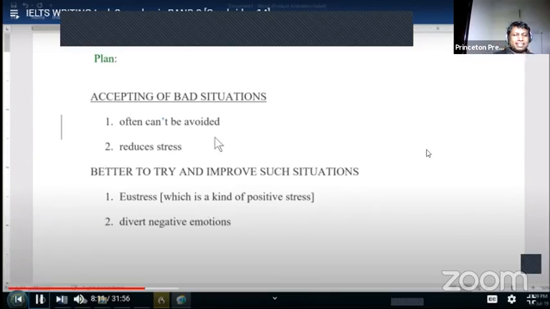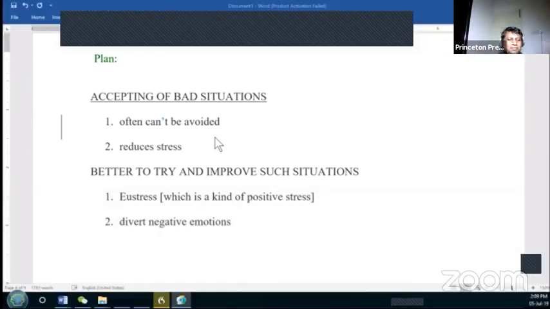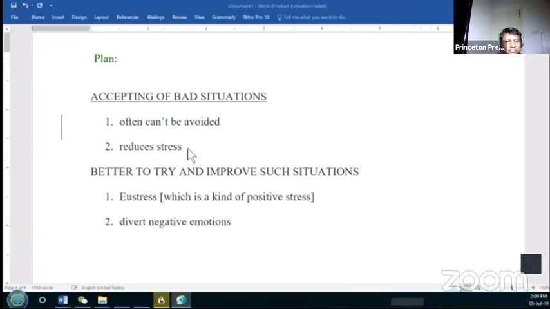We have to be accepting of them because they're going to happen. It's part of life. And then the second one is that if we're accepting of bad situations when they do happen, it can help reduce stress. Sort of the idea that freaking out or reacting too strongly to bad situations results in stress, and if we can just be a little bit accepting, then our stress levels will be much lower.